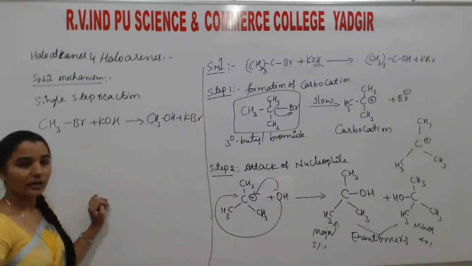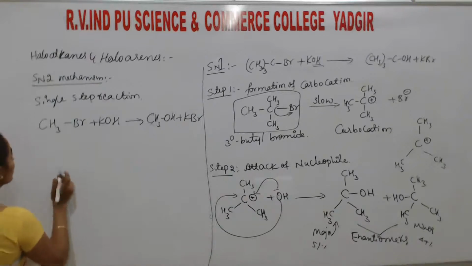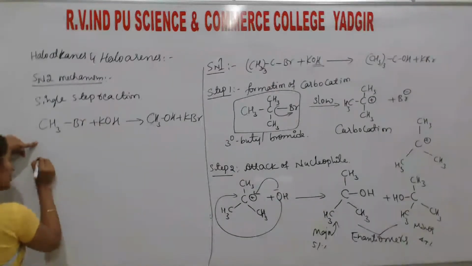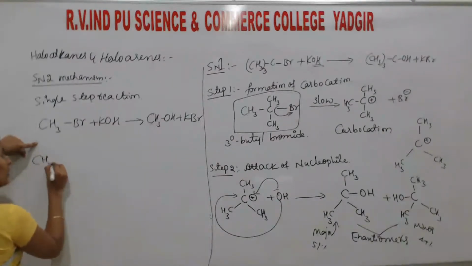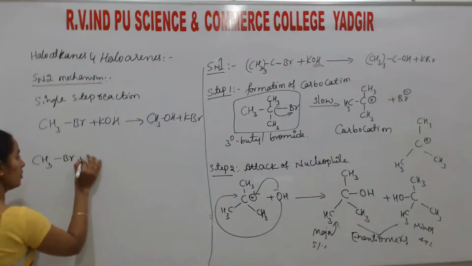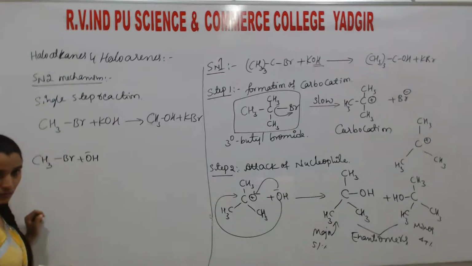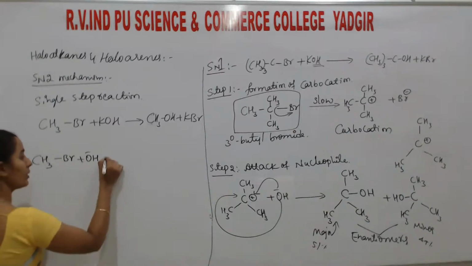This reaction takes place through a mechanism. So what is that mechanism? Listen. Initially, this CH3 is there and Br is there. To this, at the same time, OH is attached. So at this time what happens?